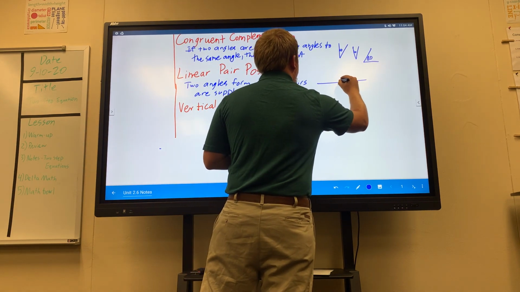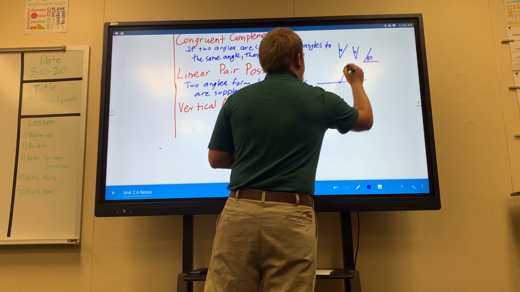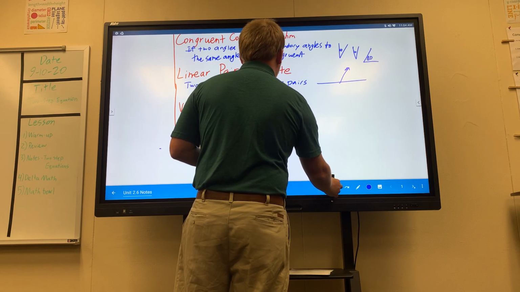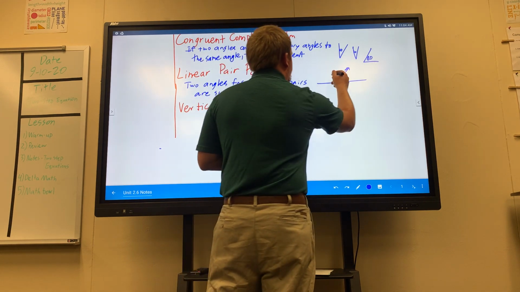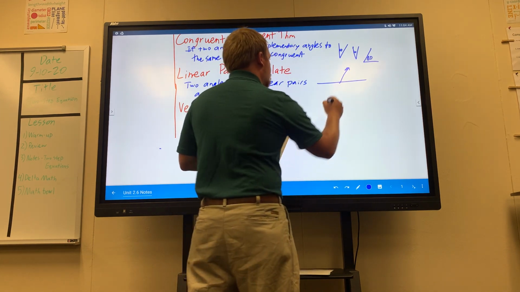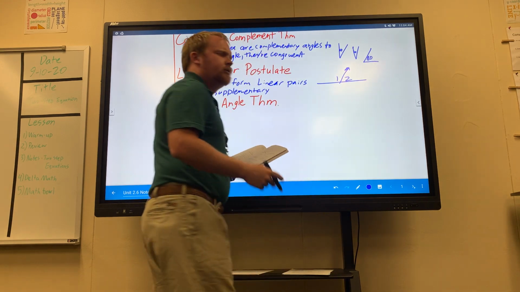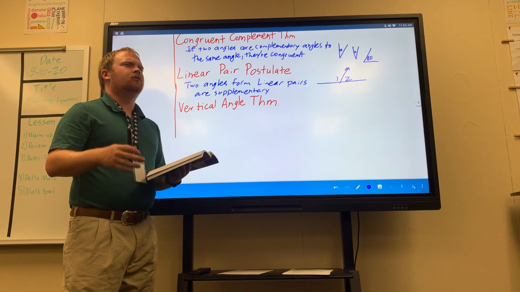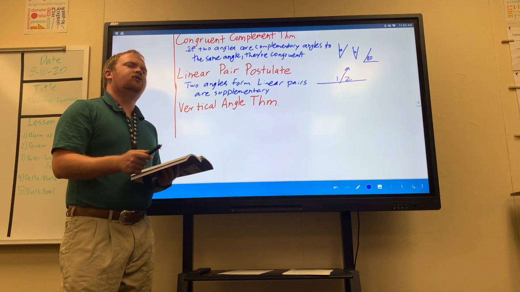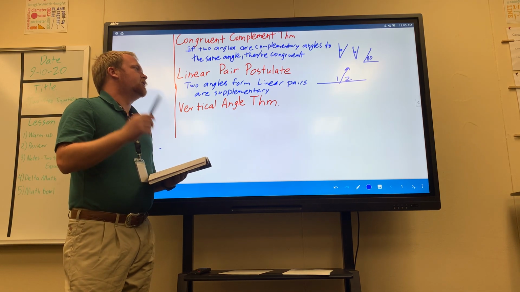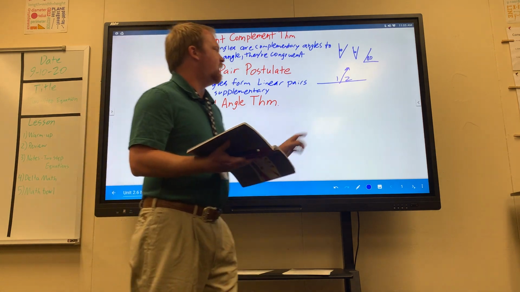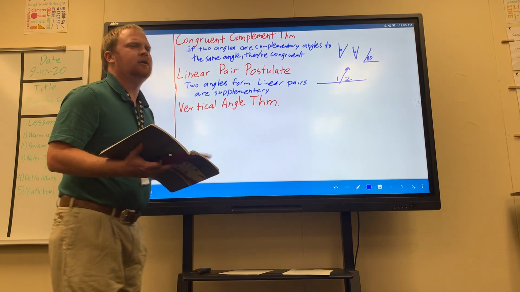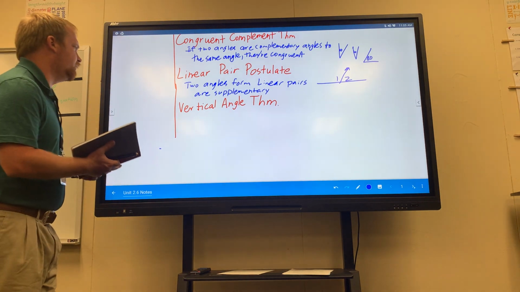So if I have a line and a ray right here, I have a linear pair. Angle 1 and angle 2 are not congruent, I'm sorry. They are not congruent. Angle 1 and angle 2 are supplementary to each other. So any linear pair is going to have supplementary angles. That's what the theorem tells us.